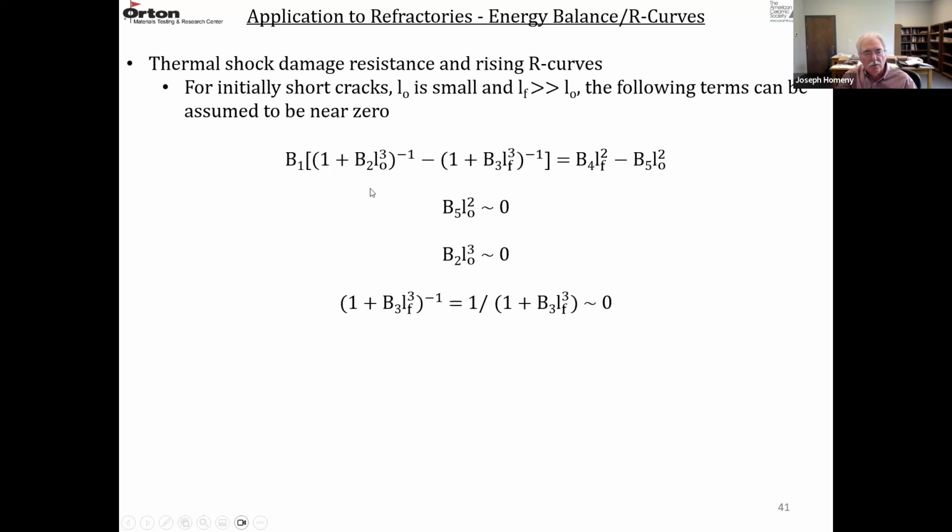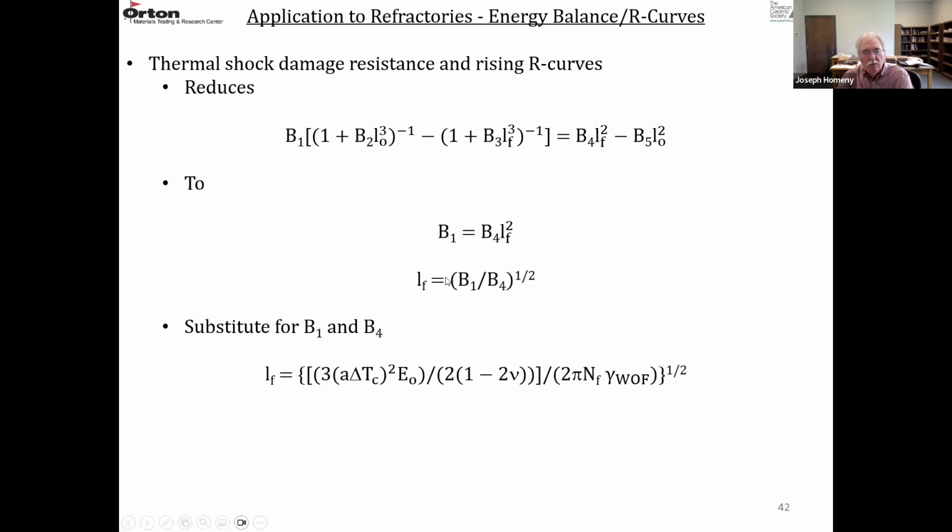So this term here becomes B4 LF squared minus B5 L0 squared. This term becomes 0. This term becomes 0. And then this term is approximately 0. So this equation just becomes this.